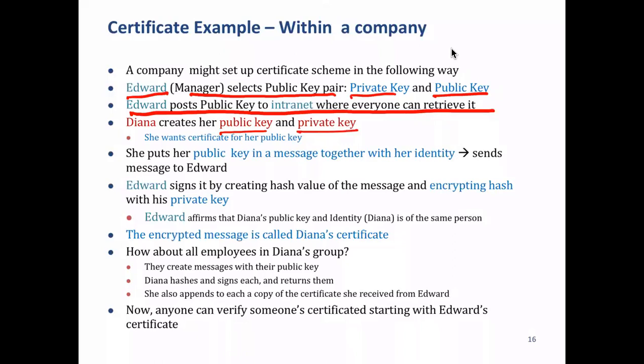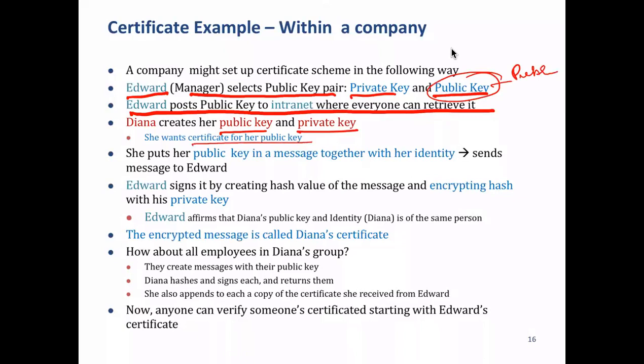If she sends her public key to anybody else, then nobody would believe her for some reason or other. They may think there is malware in between which has changed it. But Edward's public key is well published, and he is the most trustworthy person, so everyone trusts him. So Dinah may want a certificate for her public key.